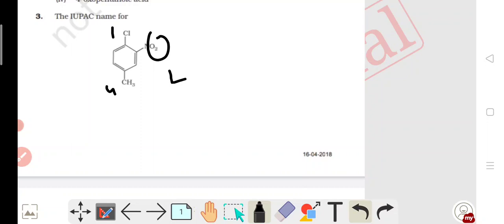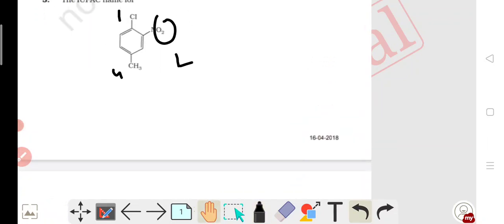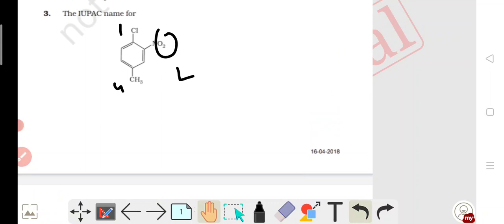So now comes to the options. That means 1-chloro, 4-methyl, 2-nitro, benzene. Why?